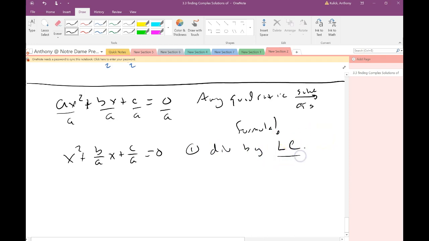LC is just leading coefficient. And then I'm going to add the middle term divided by 2, squared, to both sides.